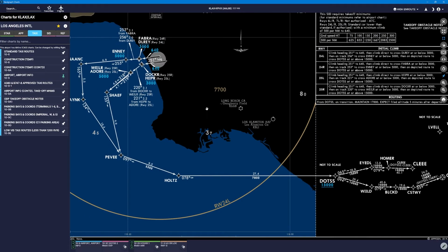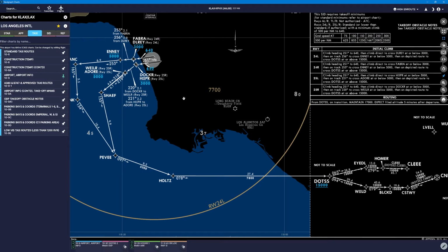So the departure is just a predefined path. It's a predefined pathway to get you on to where you're going. So we're heading to Phoenix, so naturally we're going to come out over the ocean, make a left, and then swing on over land.